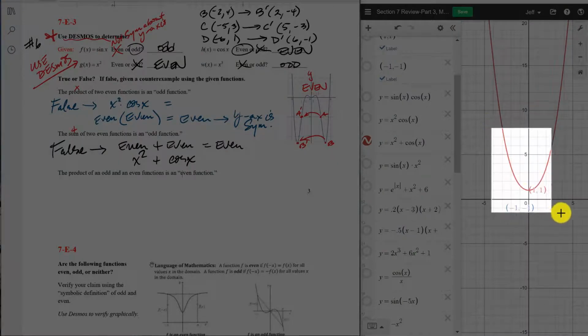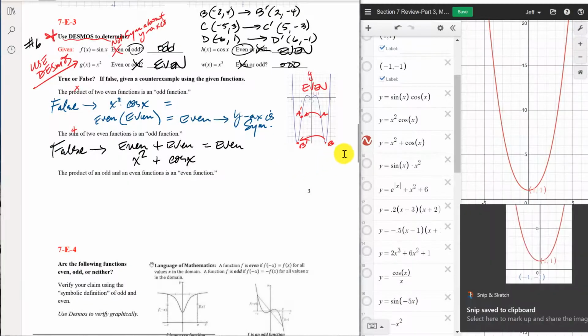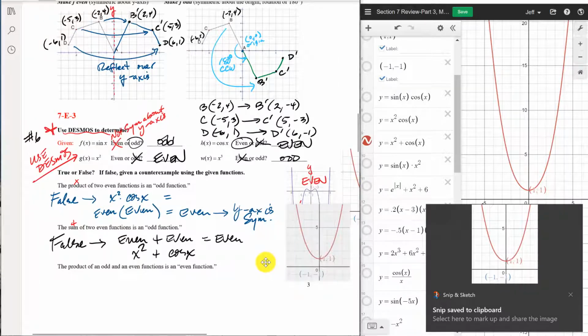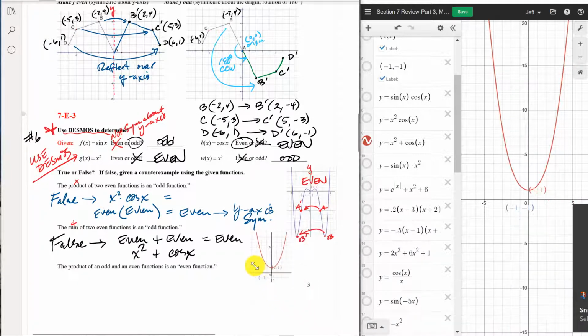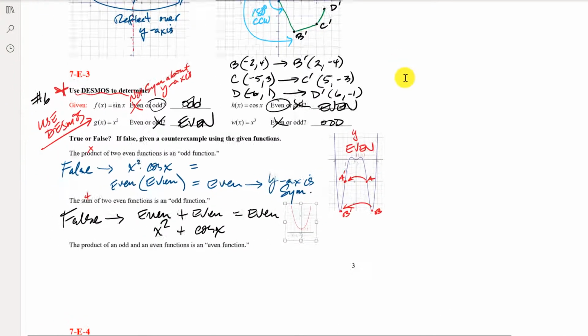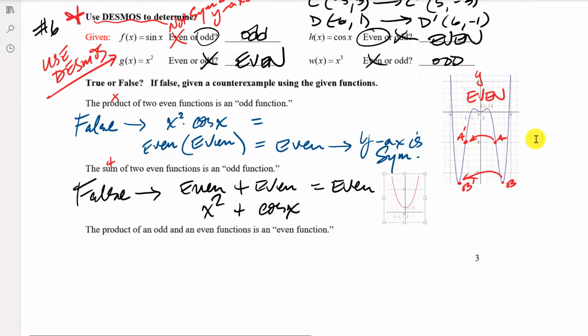So here is an example. Obviously this one here has y-axis symmetry. So A gets reflected over here to A prime. So it's even. So an even plus an even is not odd.